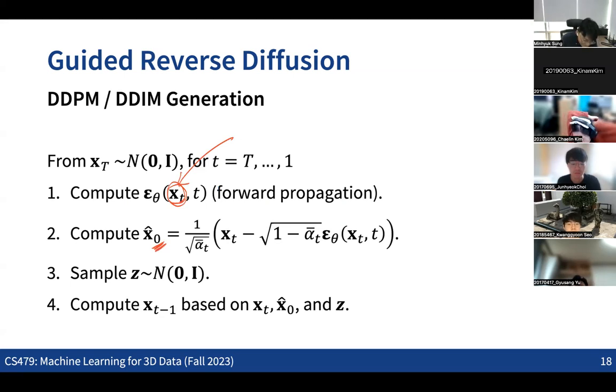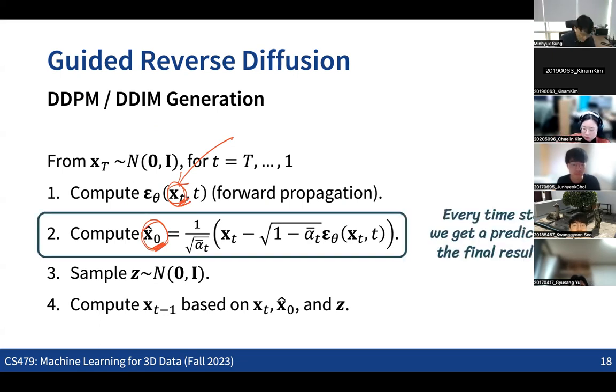So even before we run the entire reverse process, for each x_t, the noisy data at an intermediate step, we get a prediction for the final outputs. Obviously, this output may not be the same as the output that we get at the end, but it is a prediction for the noisy data that we have at the intermediate step. That's the key thing we are doing in the reverse process.